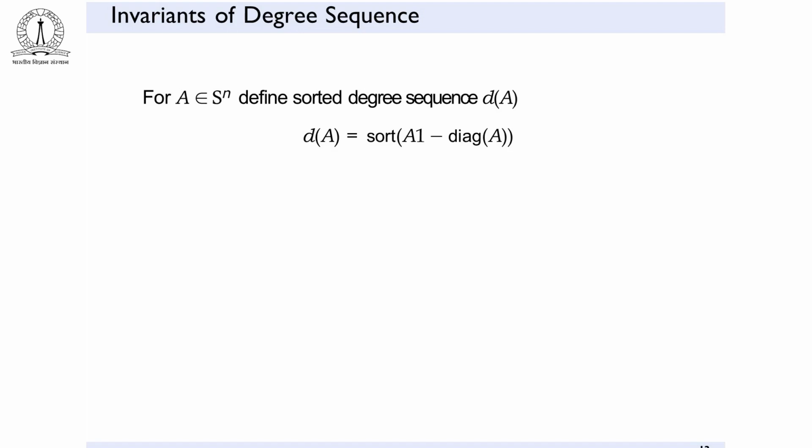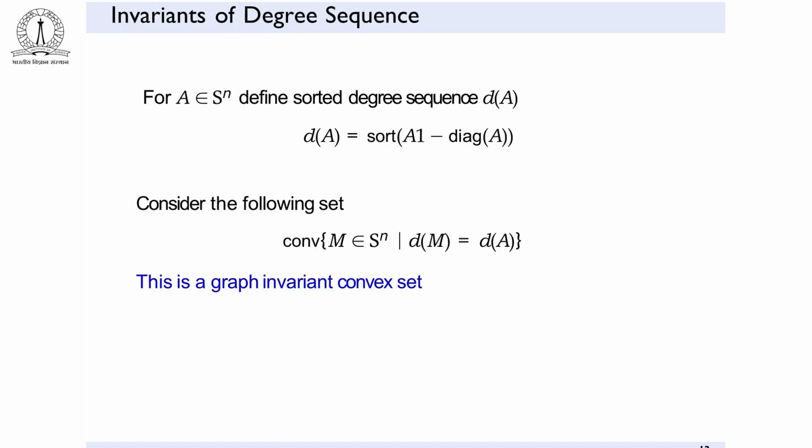Right? That gives you the degrees, the weighted degrees of all of the nodes of this graph, and sort it. Just put it in ascending or descending order. That's D of A. So consider the following set now. All possible n by n matrices where the sorted degrees is equal to the sorted degrees of whatever A you fix. You fix an A, and you do this.